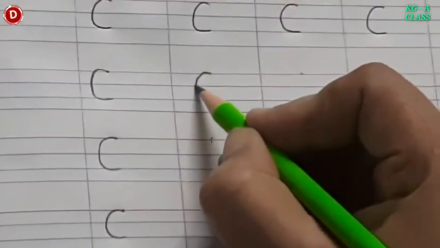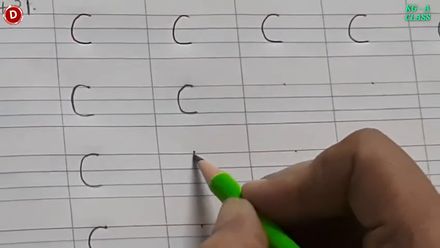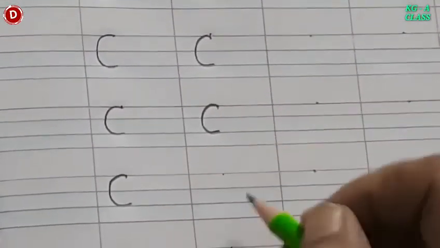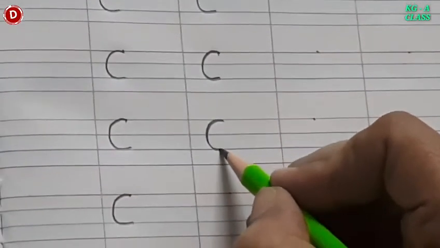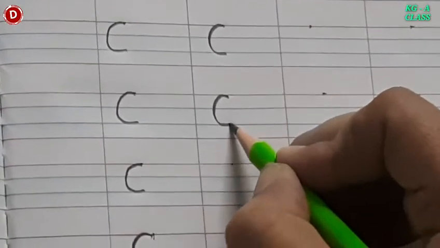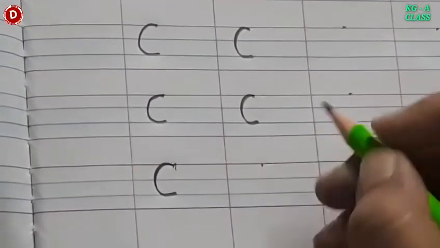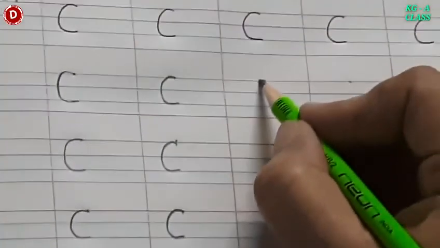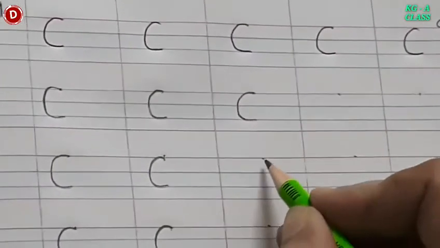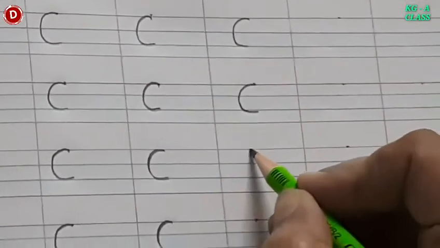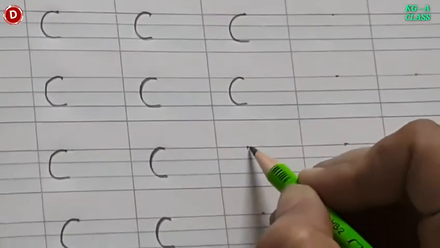Look here. And there are many things which start with the letter C. C for cat, C for cup, C for candle, C for car.